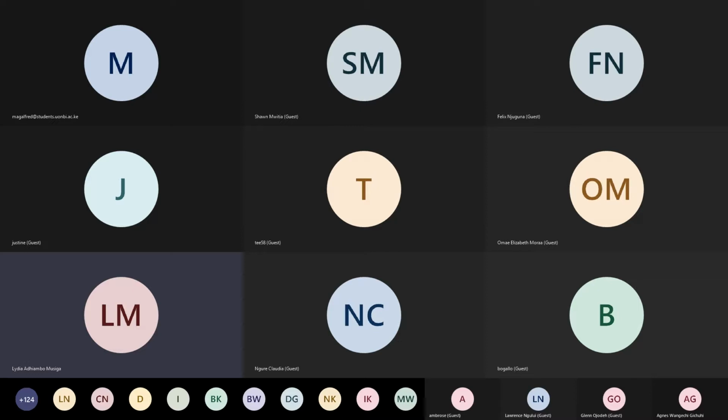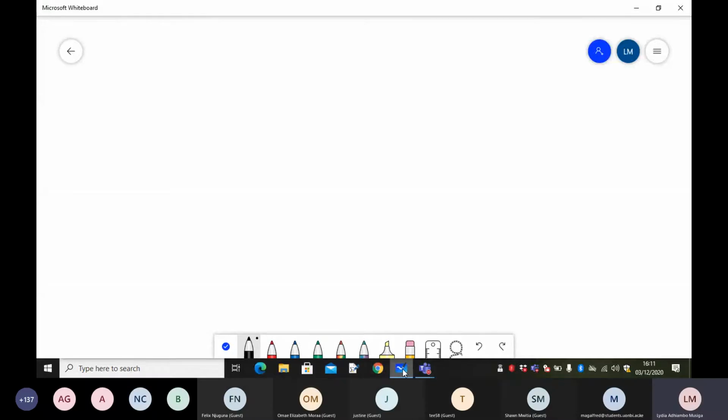I'm opening my whiteboard. So today we are looking at confidence interval for the ratio of two population variances.